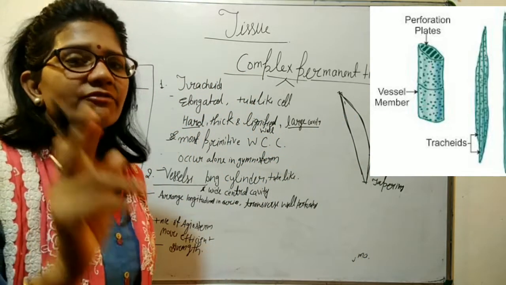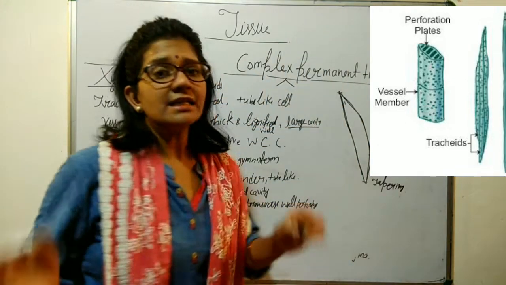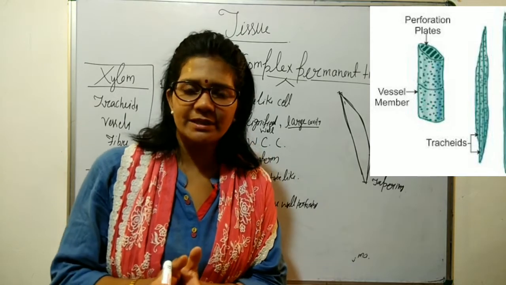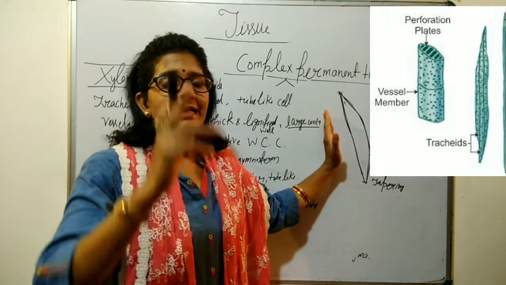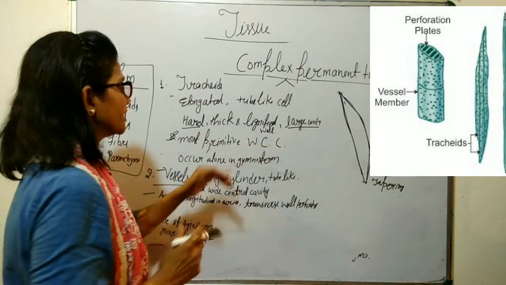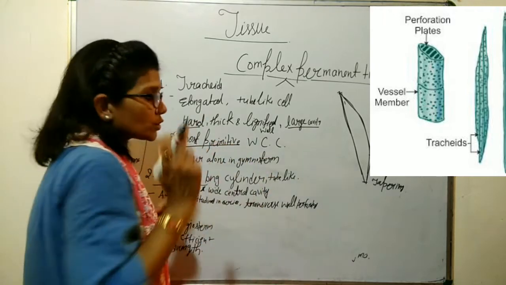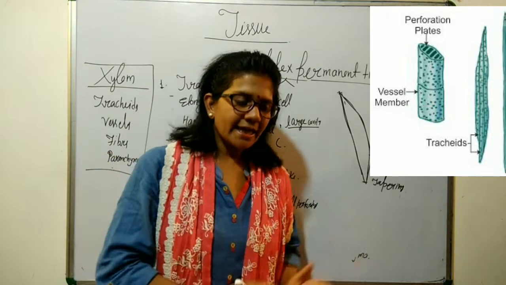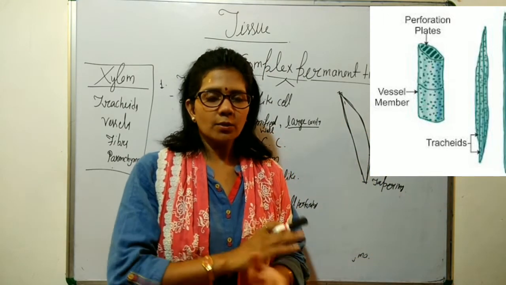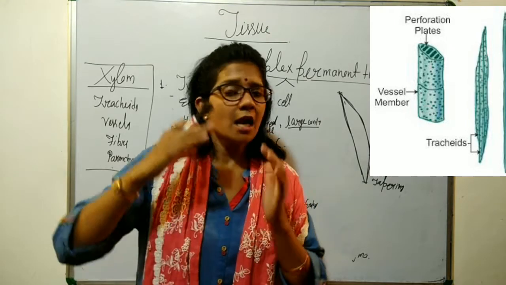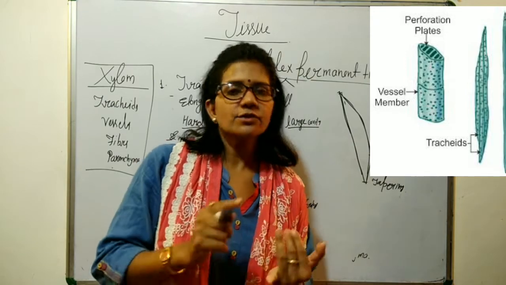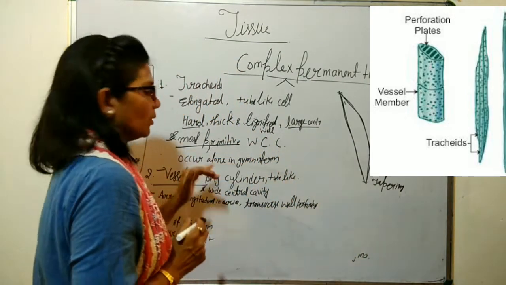A very important thing is that in this water conducting component, the whole xylem complex permanent tissue, the tracheid is the first cell as a water conducting component, meaning it is the most primitive. So we find it in gymnosperm plants, although this conducting system is the most evolved system in plants. The tracheid is the most primitive, so we find it in gymnosperms alone.